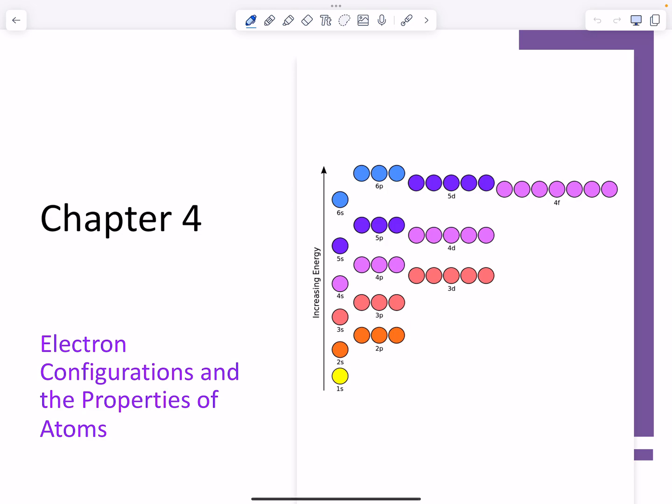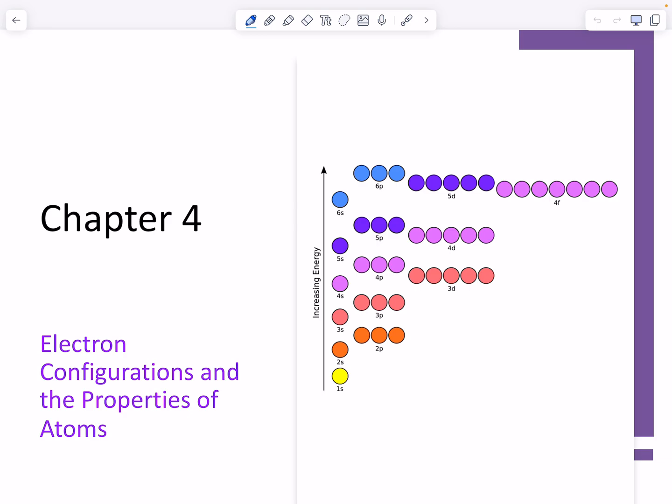Ta-da, we finally got here. This is what we call electron configurations. We're going to go through the basic principles of microscopic electron configurations and teach you how to organize electrons. And then we're going to rapidly zoom out and focus on how this affects their reactivity.